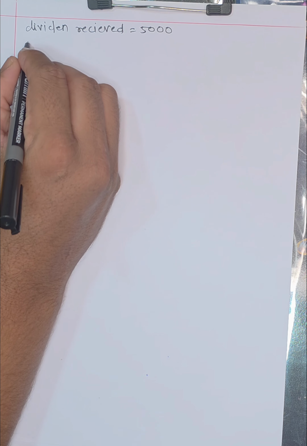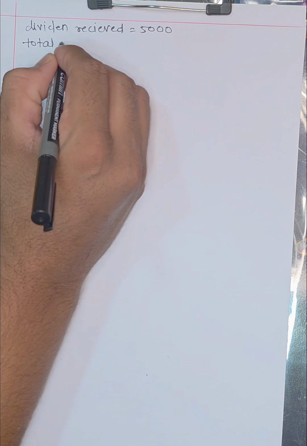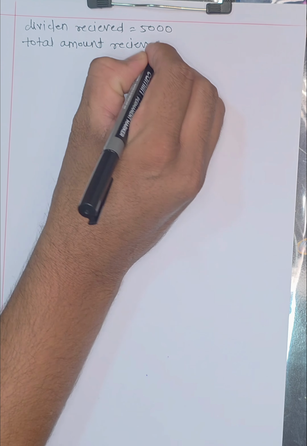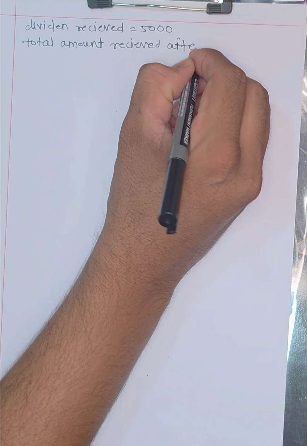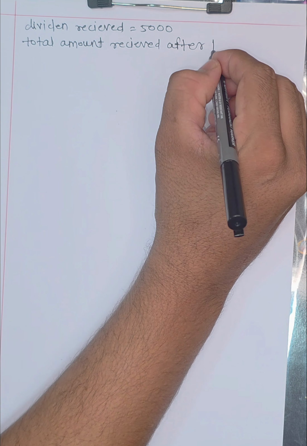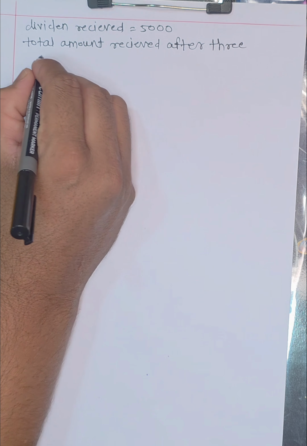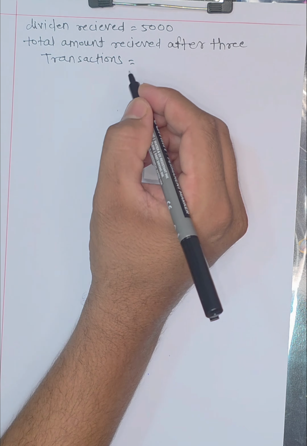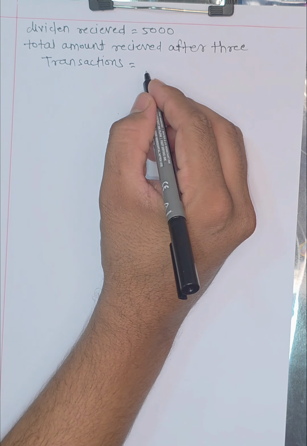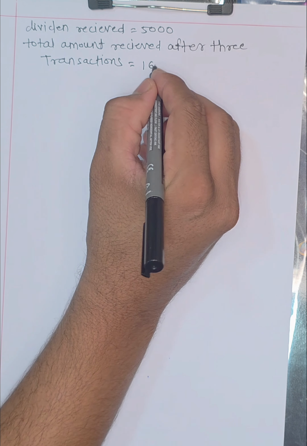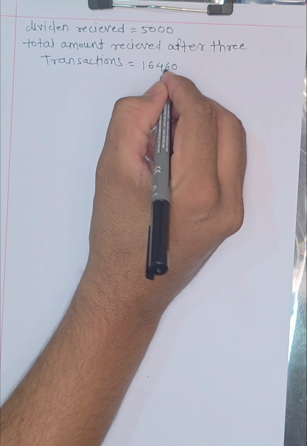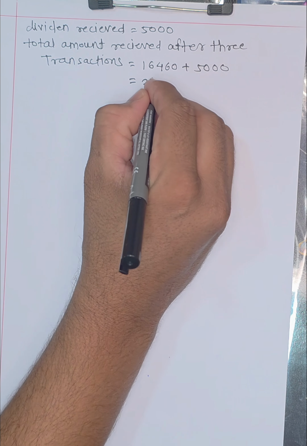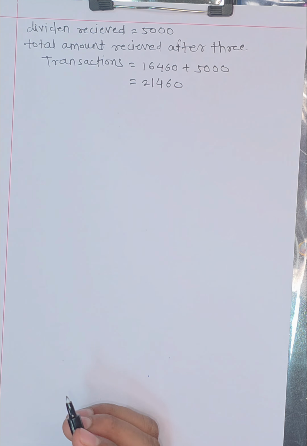Then total amount received after the three transactions is equal to the sum of two transactions, that means 16,460, plus dividend 5,000, is equal to 21,460.